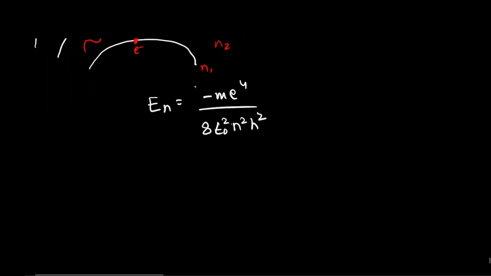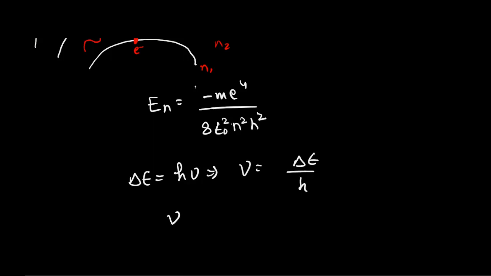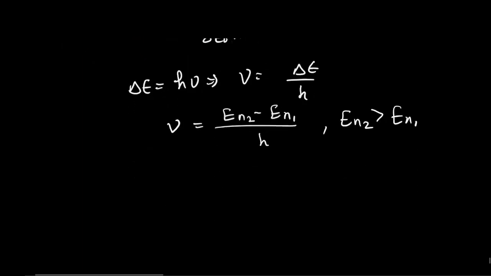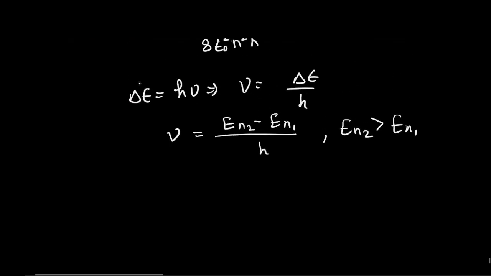And I know that delta E equals h nu. It means nu can be written as delta E divided by h, and hence nu, the frequency, equals En2 minus En1 divided by h, where the energy in the n2 orbit is greater than En1. So I will put in the values.